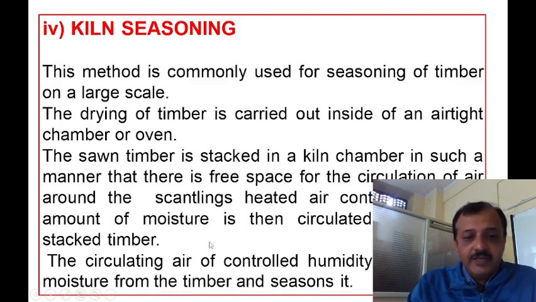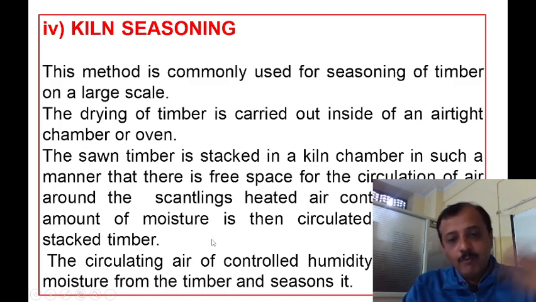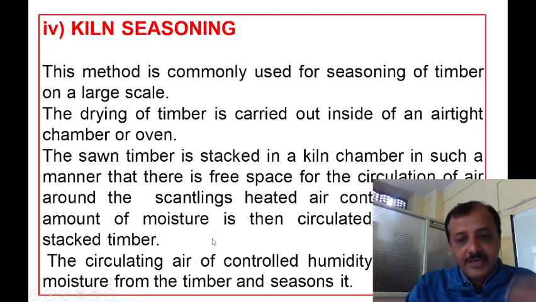The heated or warm air which is produced is circulated throughout the timber. Because of the circulation of warm air, the drying takes place at a faster rate. The circulating air brings down the moisture which is present in the timber.